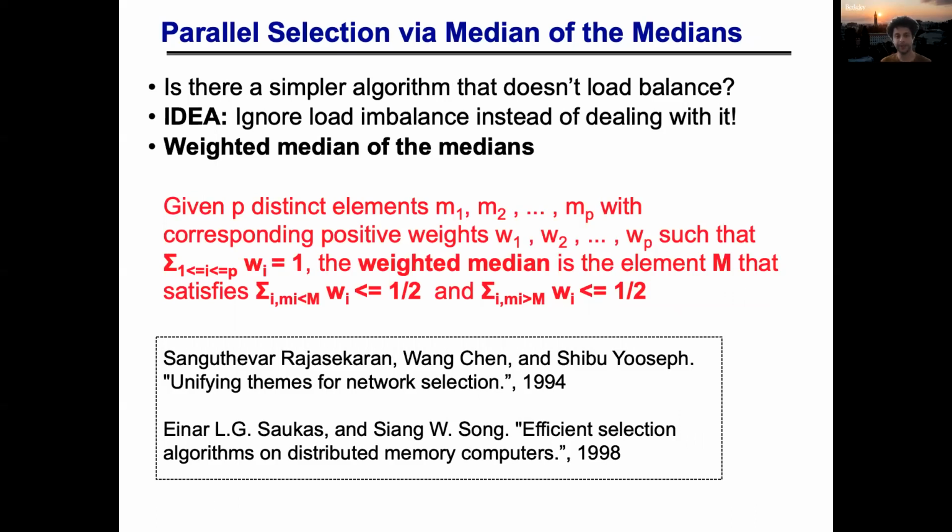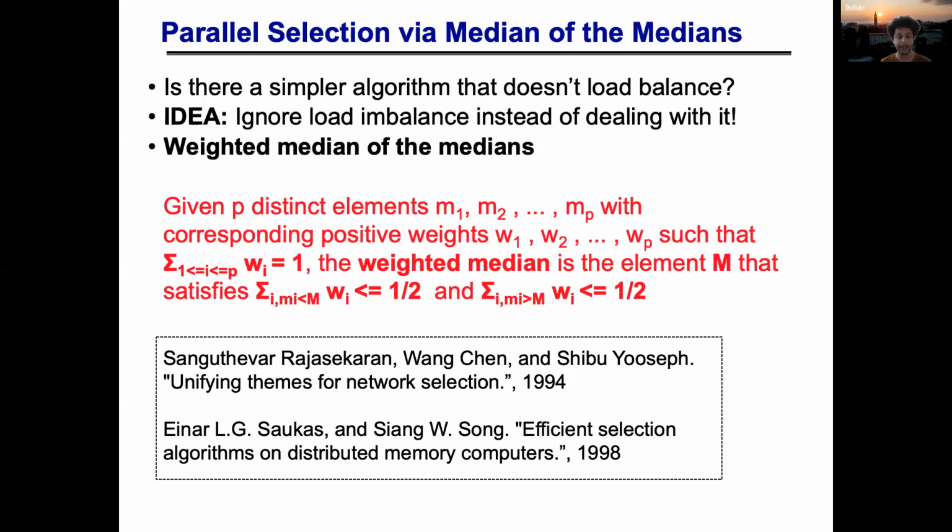The idea is simply to ignore the load imbalance instead of dealing with it. So far we have been using the exact median definition. What if we use this weighted version of the median definition, which is, the math is simply, let's say you have p distinct elements, m1 to mp, and each one has a positive weight associated with it.